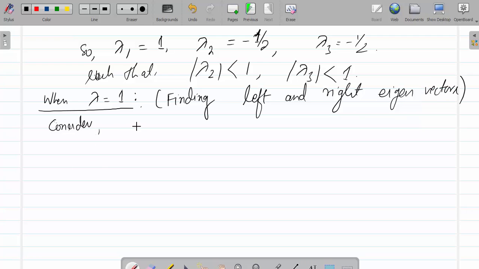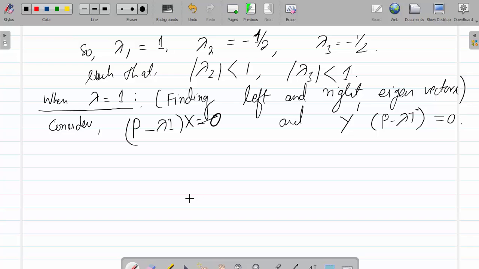So consider (P - λI) into x equal to 0 and y' into (P - λI), this is equal to 0.